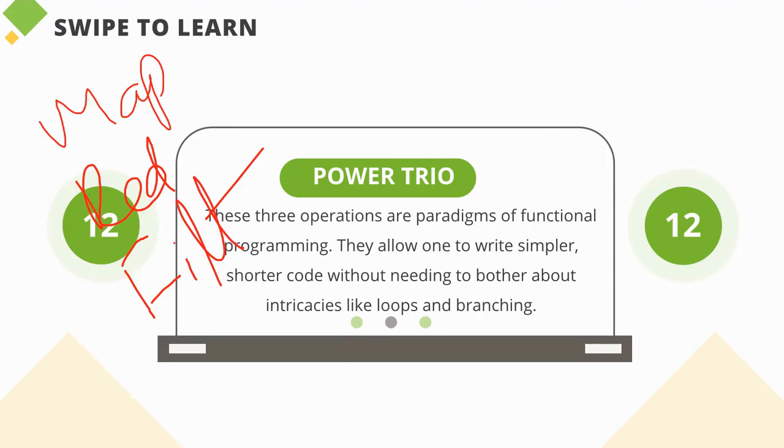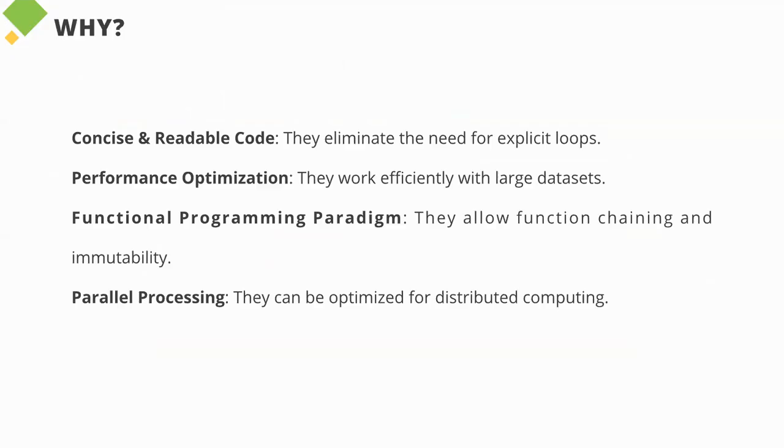The syntax is the same, and they help in reducing the intricacies of loops and branching. We'll see why we need them. They help us make the code concise and readable. Instead of writing complex loops, we can write in simpler forms by using map, reduce and filter.